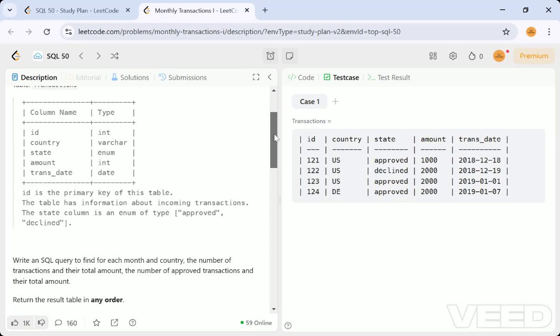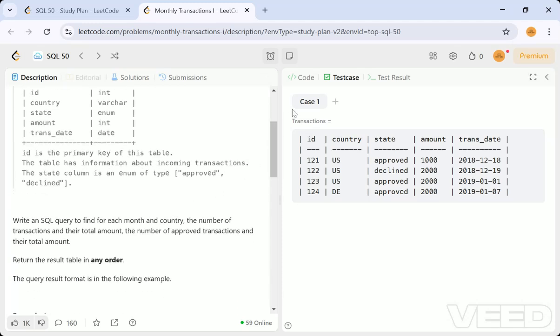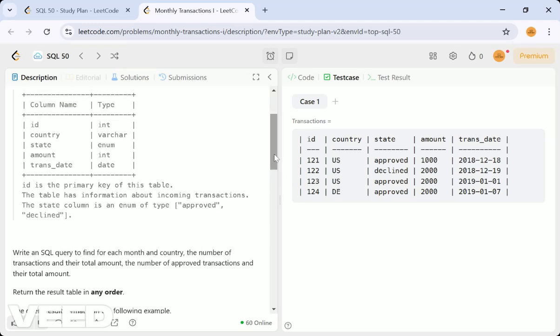Now what they are asking us is to write a query to find, for each month and country, the number of transactions they made. Here you can see there is no month column, but we have the transaction date, so from that date we have to get the month.